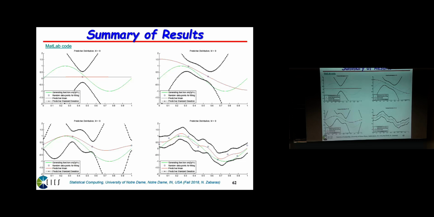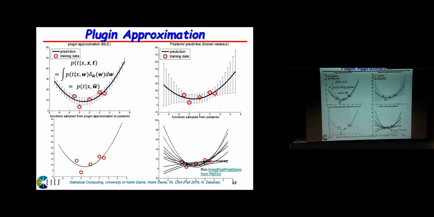If somebody wants to see how the response at one point correlates with the response at another point, the only way to do this is by taking samples from your posterior and plotting these regression functions the way that you see it there. So if you want to capture correlations, you really need to go away from these predictive error bars and plot samples of the regression functions coming from different realizations of W's extracted as samples from the posterior.